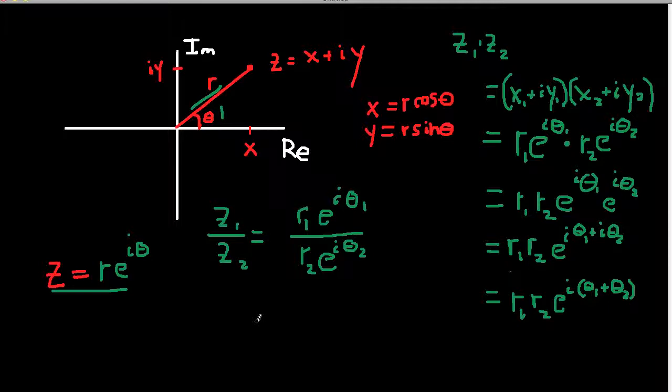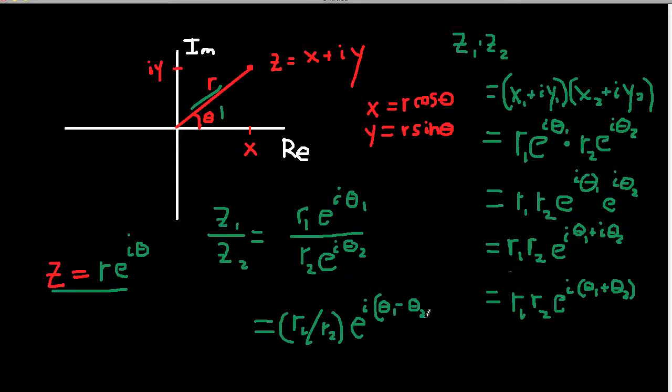And this can be simplified to look like r1 divided by r2 times e to the i theta 1 minus theta 2.